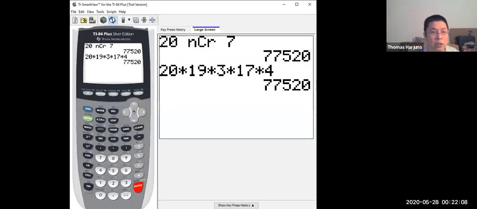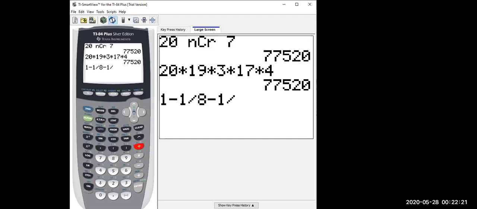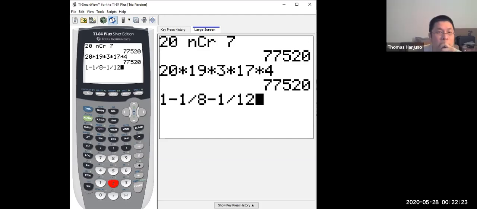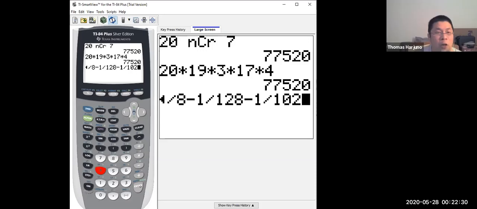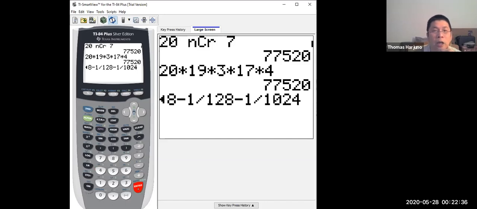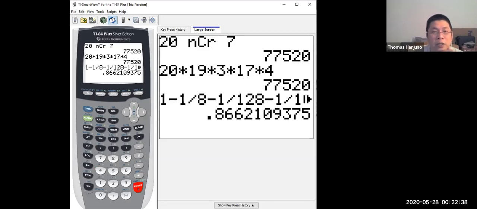That will be 1 minus 1 over 8 minus 1 over 128, and then minus 1 over 1024. Let's say I go up to the third term only, n equals 3. So I get 0.86621.